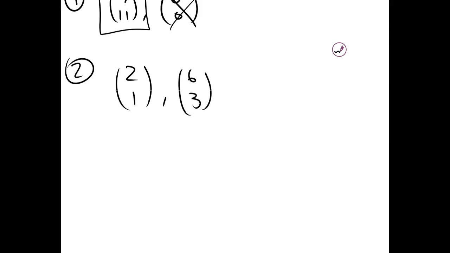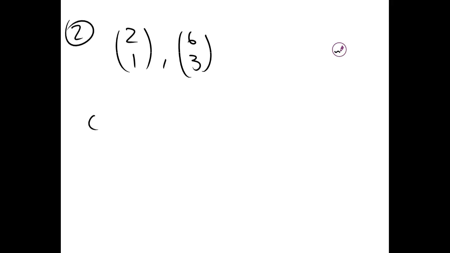So to check if these are linearly independent, we've got to check if there are any coefficients, so we'll call them C1 and C2, such that C1 times our first vector plus C2 times our second vector will equal the 0 vector.